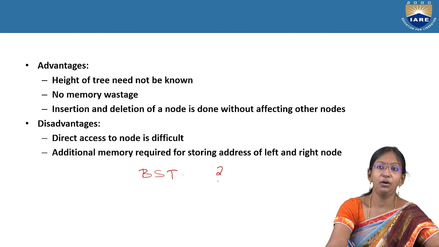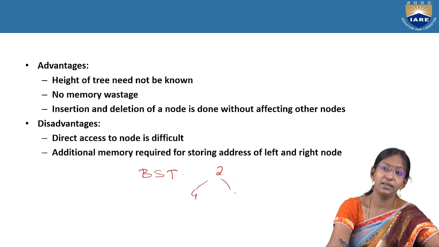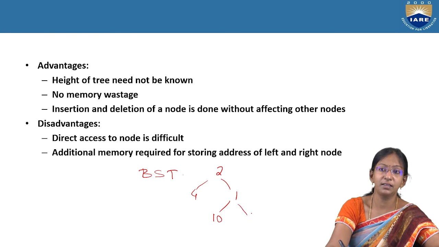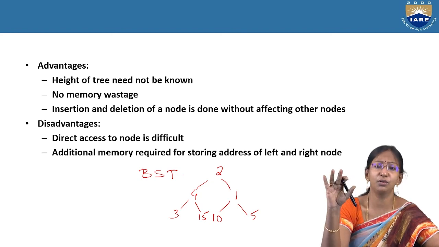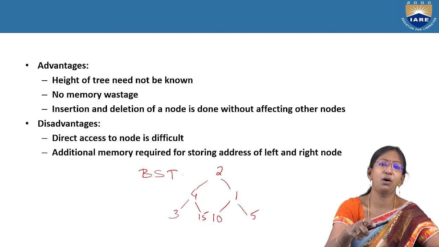So on the left of 2, you can have a value 4 which is greater than 2, and on the right-hand side you can have a value 1 which is less than the root, whereas left of 1 is 10, right is 5, 2 is 3, this is again 15, something like that. If you write an in-order, post-order, pre-order, any traversal of your interest, you will not find that the data is in ordered state.